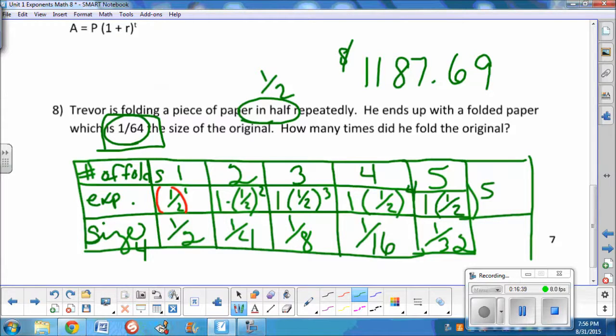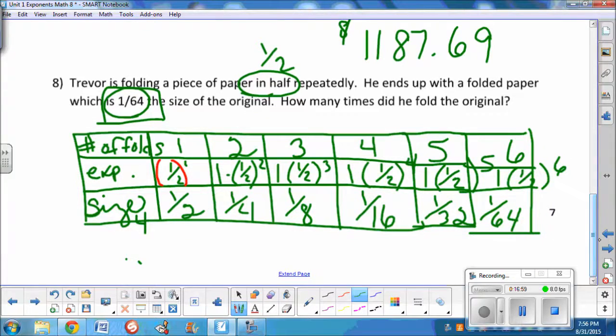Maybe one more time. If we multiply 1/32 by 1/2, bingo, winner, winner, chicken dinner. 6 folds. So that is 1 times 1/2 to the 6th. How many times did he have to fold his original? 6 times.